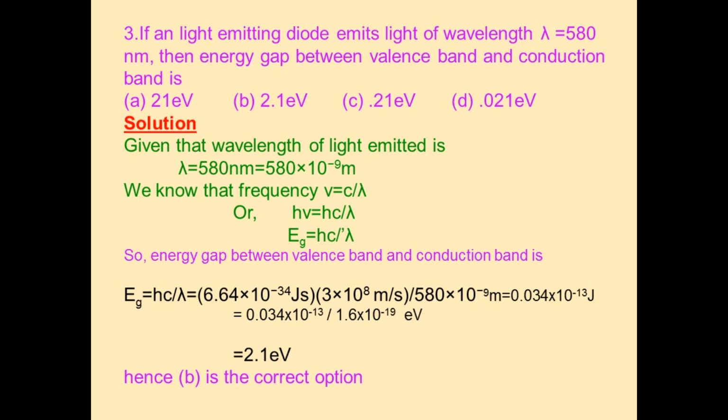To convert joules into electron volt, we have to divide that value with 1.6 into 10 power minus 19, 0.034 into 10 power minus 13 by 1.6 into 10 power minus 19 electron volt. We get 2.1 electron volt as the answer.